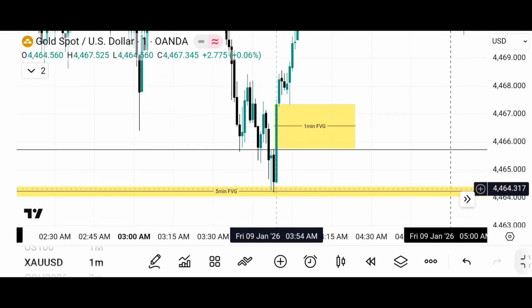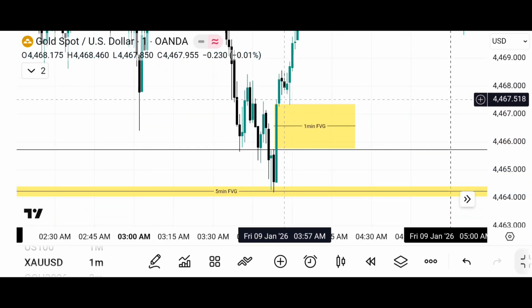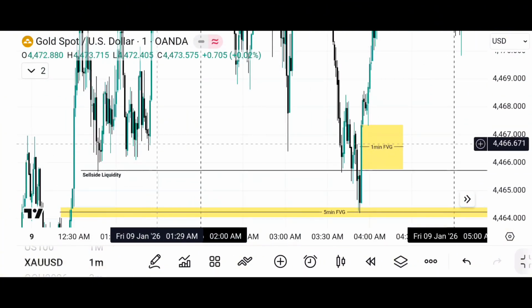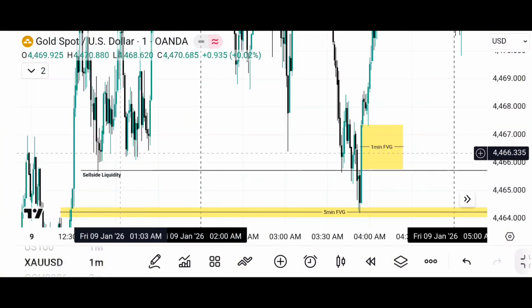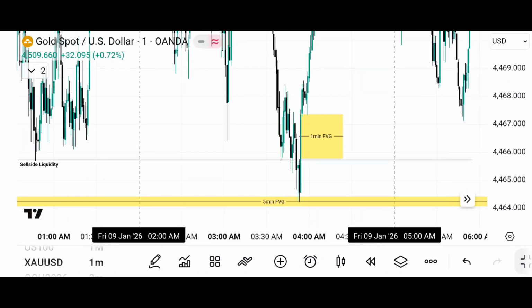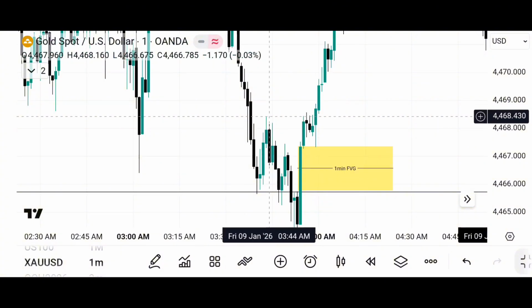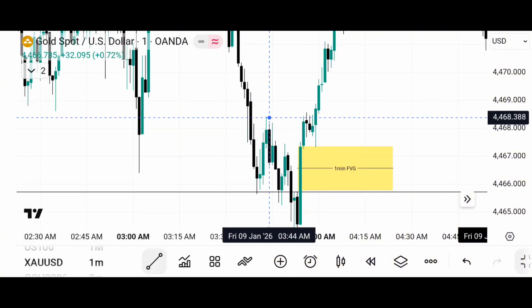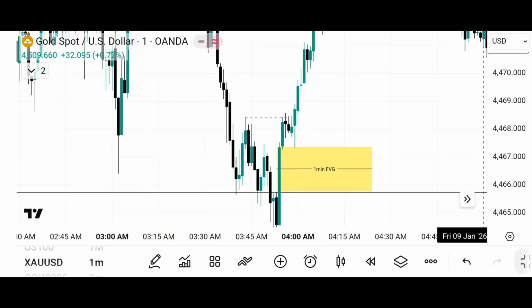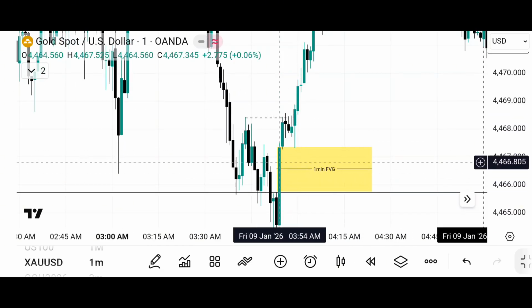After price traded into the 5 minute fair value gap, it rallied up, took out relative equal lows, below which lies sell side liquidity. Then price rallied up with displacement, took out the short term high, and created and formed the fair value gap.